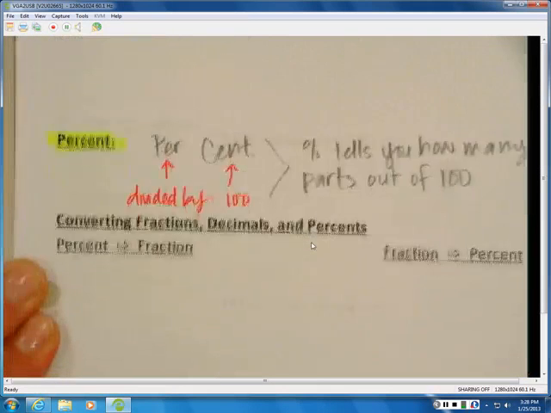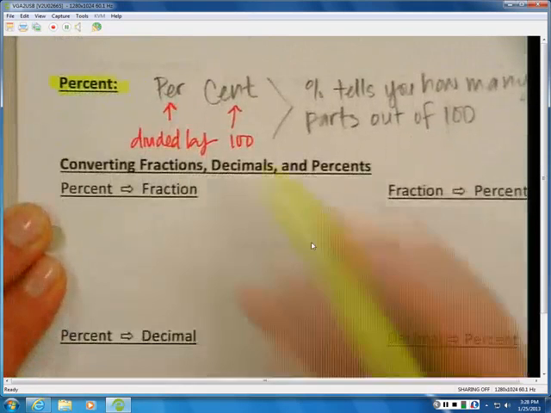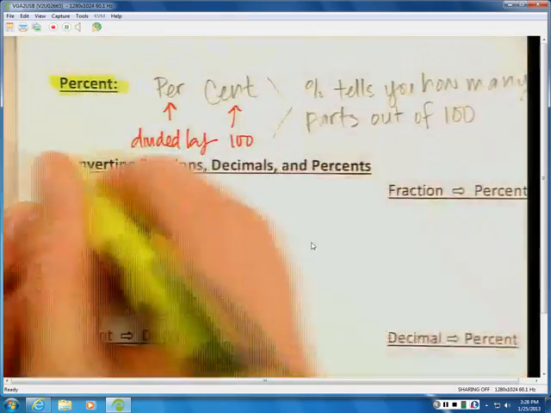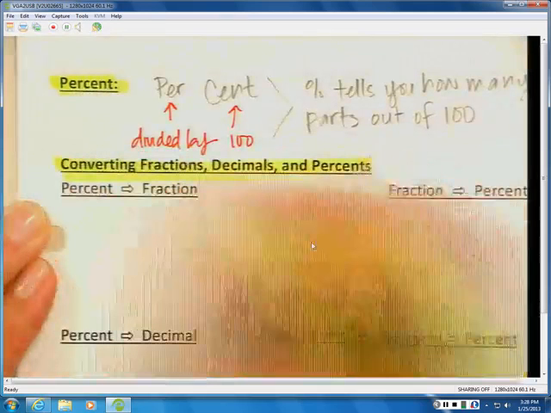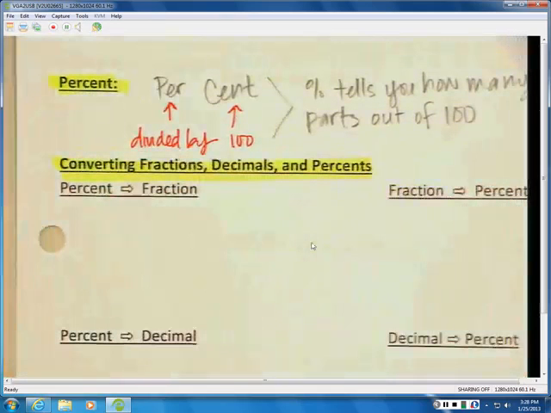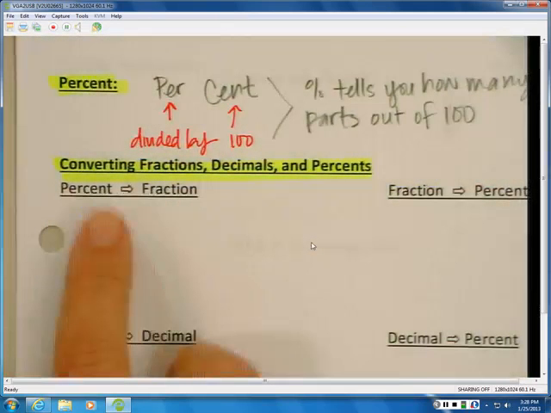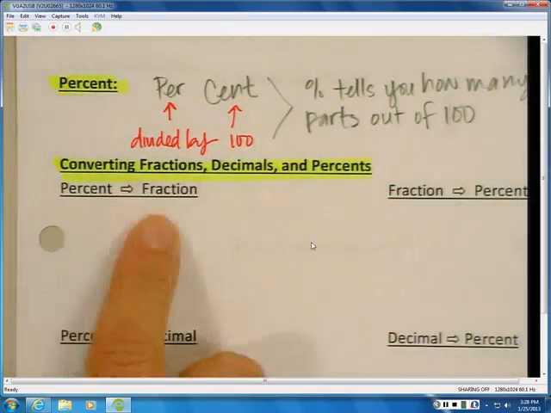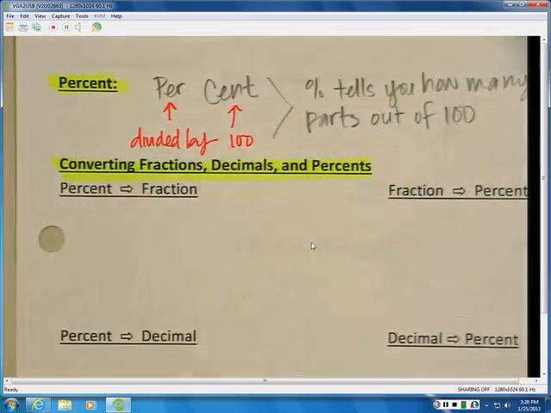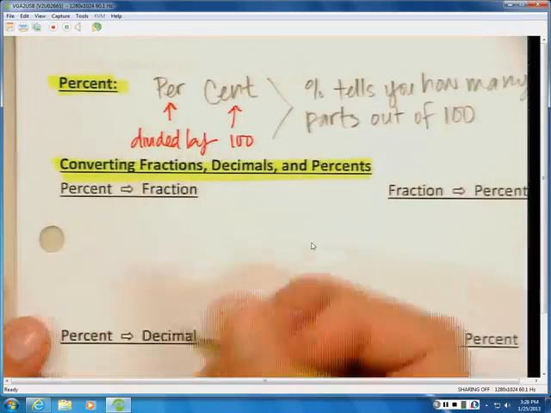Now, you're going to need to be able to convert them from one form to the other fairly fluidly. So the first thing we're going to do is talk about how to convert a percent into a fraction. I'm going to start with an example, and then we'll go back and review the process.